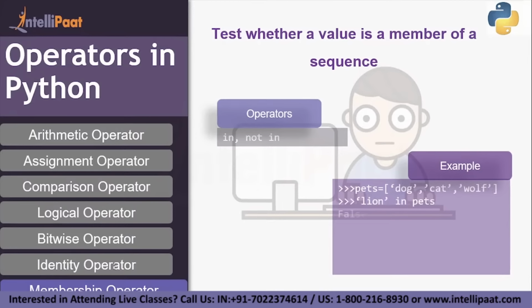We have defined a list, or you can say an array, which consists of dog, cat and wolf. We are checking for lion in pets. Since pets is the name of the list, we are searching for lion in pets. Since there is no lion in it, the result is false. Next, we are checking for wolf in pets. Wolf is present in pets, so we are getting the output as true.